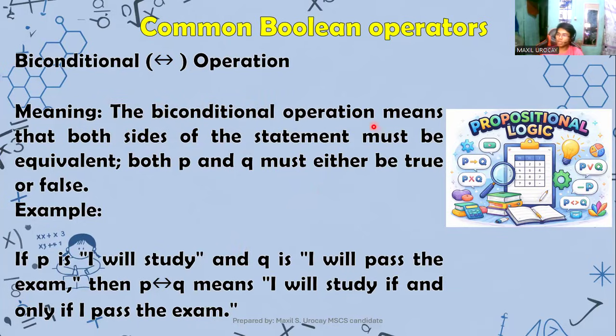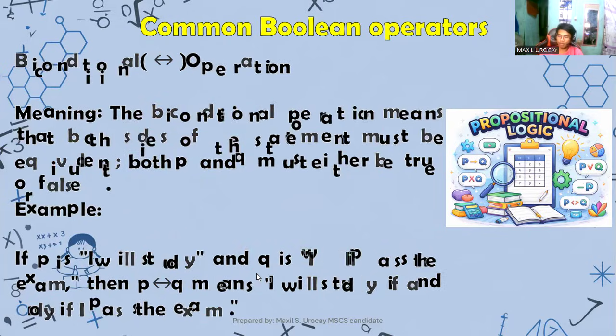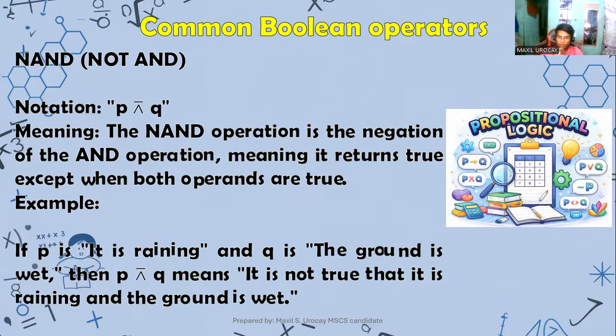The biconditional operation means that both sides of the statement must be equivalent. Both P and Q must either be true or false. For example, if P is I will study and Q is I will pass the exam, the result is: I will study if and only if I will pass the exam. That's actually the representation.